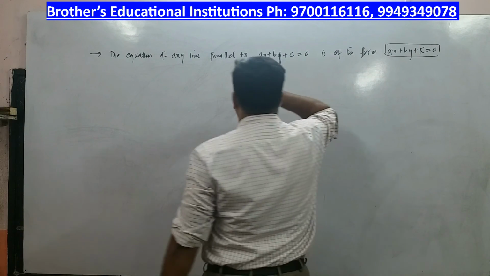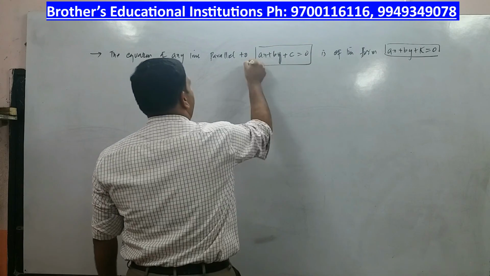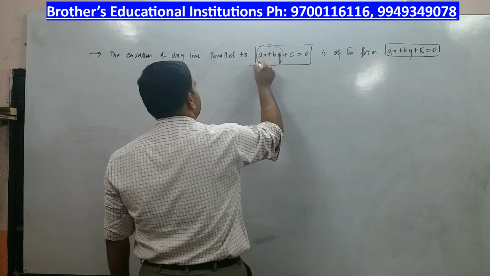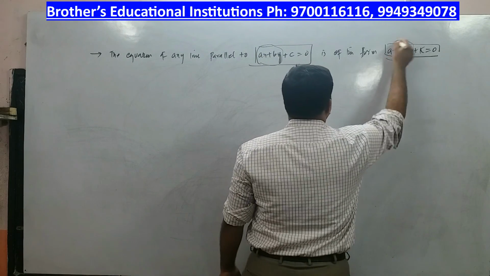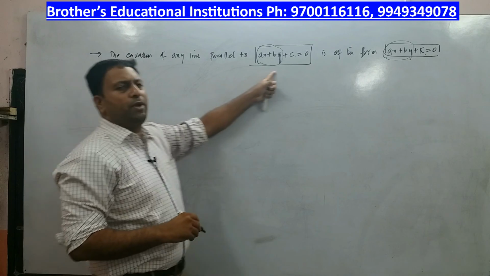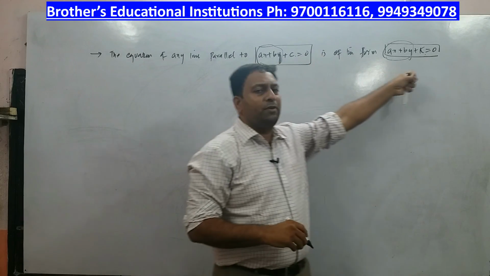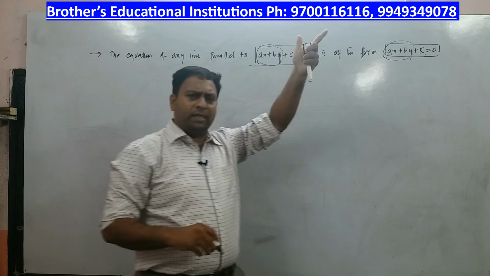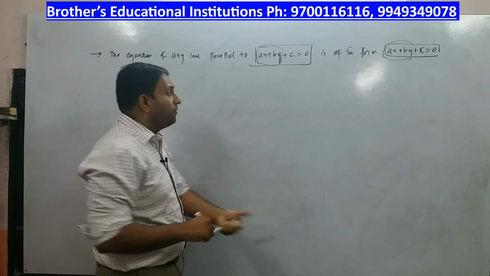Now did you observe anything? These 2 lines are parallel and their homogeneous part is same. Alright, parallel lines differ only by a constant. So the equation of any line parallel to ax plus by plus c is equal to 0 is ax plus by plus some k is equal to 0, where k is any constant. Parallel lines differ by a constant.